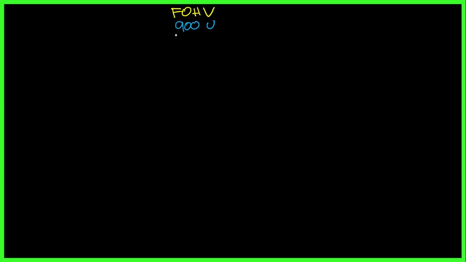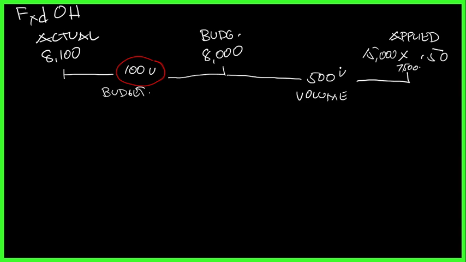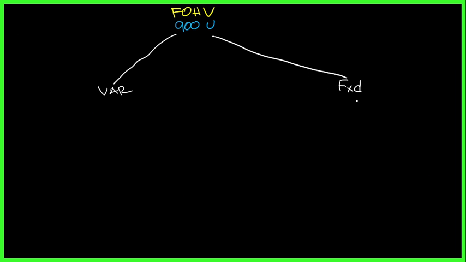Now, there are different ways on how we can divide this. Sabi natin, you can divide this as to whether they are variable or fixed. Okay, dito tayo. How much is your total fixed overhead variance? 100 unfavorable and 500 unfavorable. So that's now 600 unfavorable.